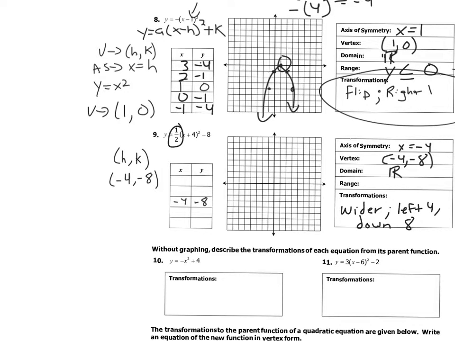All right. Now let's go ahead and figure out the table here and graph it. So we have negative 3 and negative 2, and then we'll do negative 5 and negative 6.